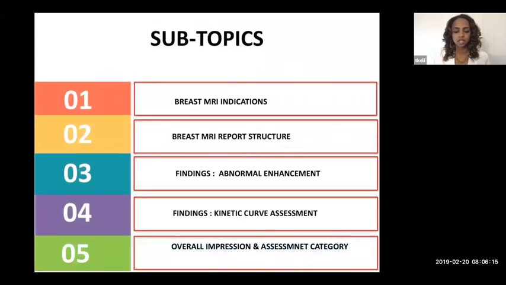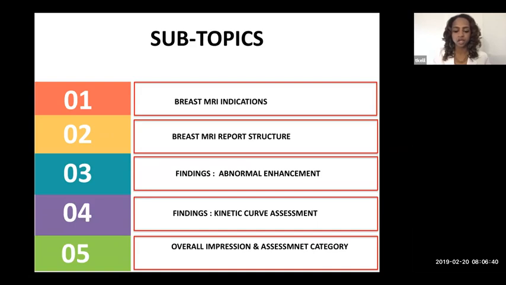So today we're going to go over breast MRI, and the topics that we will be covering would include indications for breast MRI, the MRI report structure per BI-RADS criteria. Then we'll go over findings, including abnormal enhancement and how to assess an abnormal finding on MRI. We'll go over kinetic curve assessment.